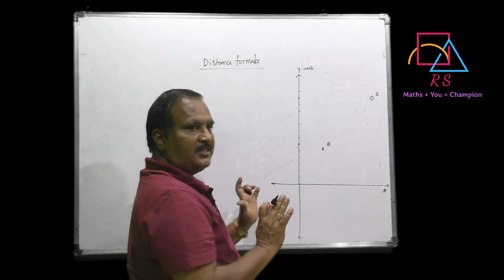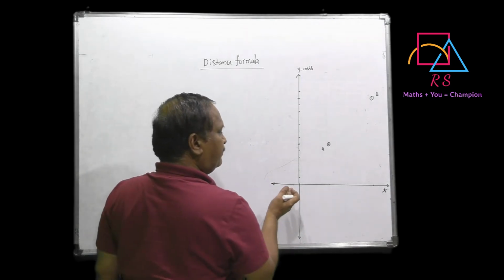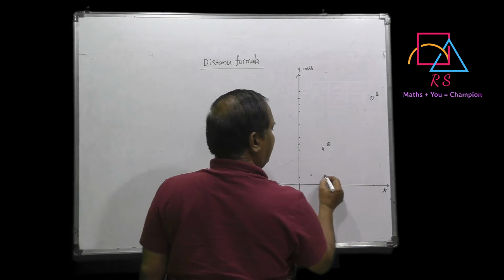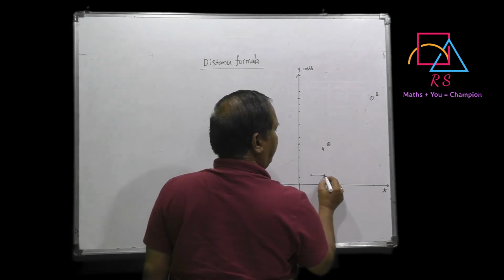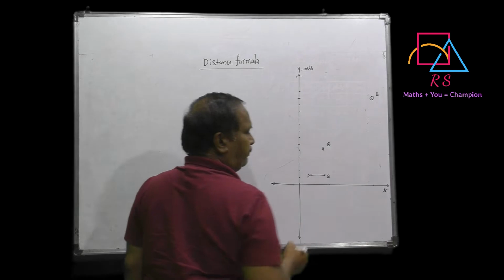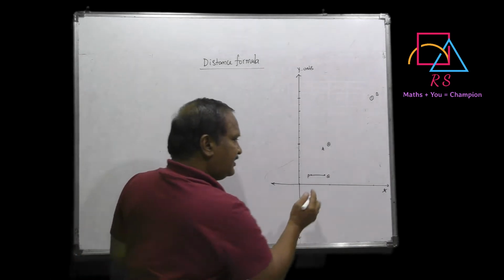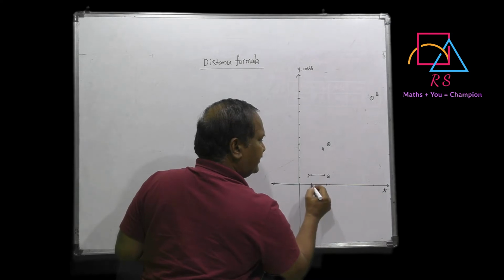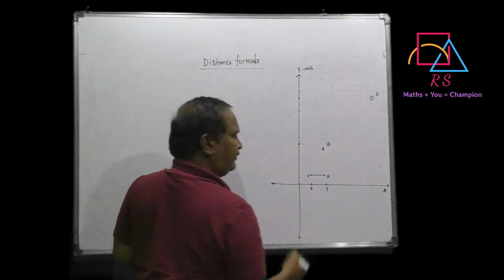Horizontal distances we always measure from the x-axis. For example, this is the line PQ. PQ is the distance. This is a horizontal line. We can measure from this. For example, this point is say 3 and this is 7.